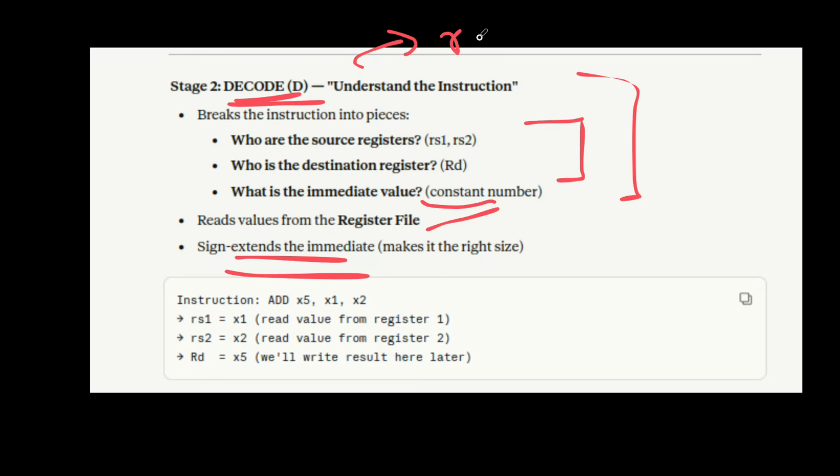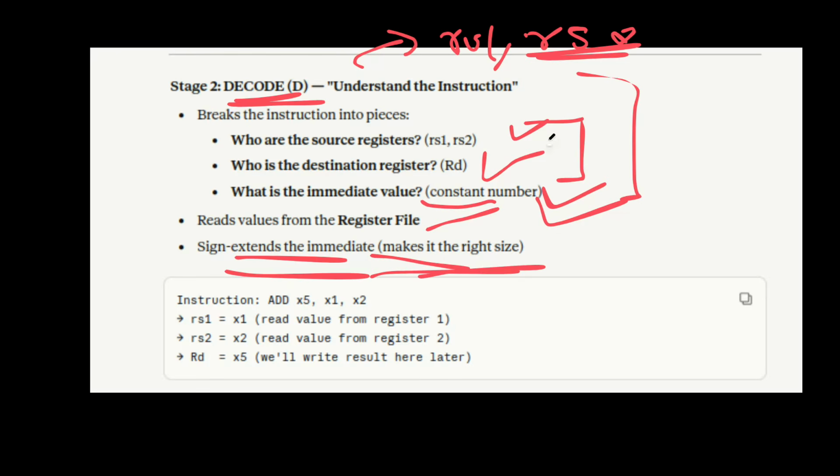Here the source register values are read, the destination register is found out, and the immediate value is also looked at. If you want to extend it, extending the immediate value is also done in the decoding part. Overall, accessing the values from the registers and extending the immediate are the things that happen in the decode stage.